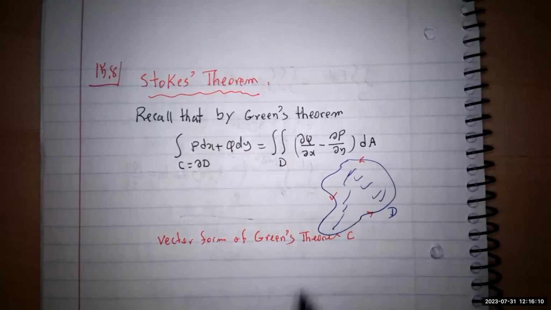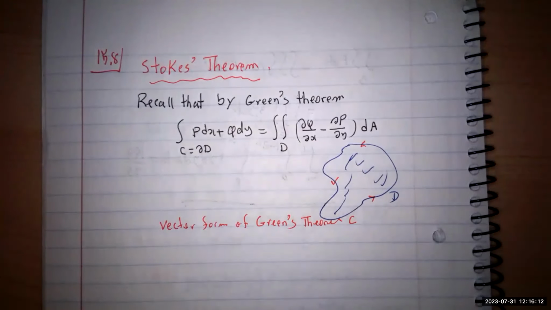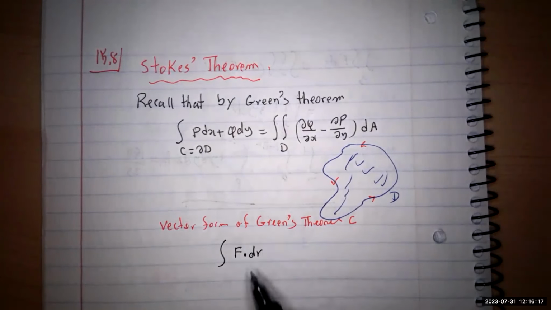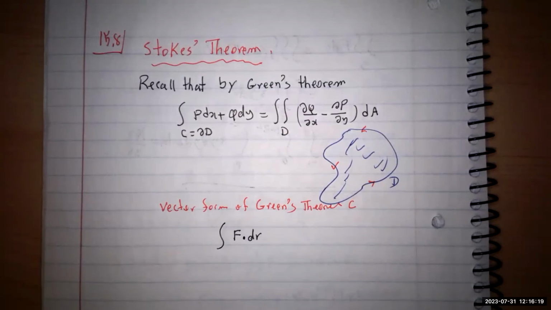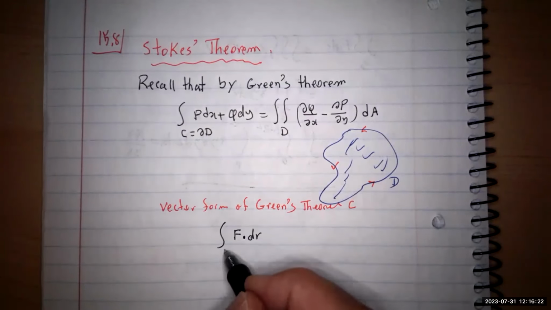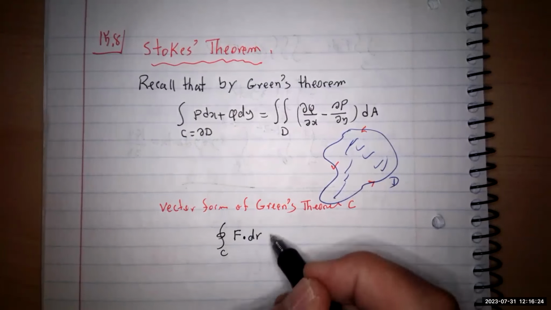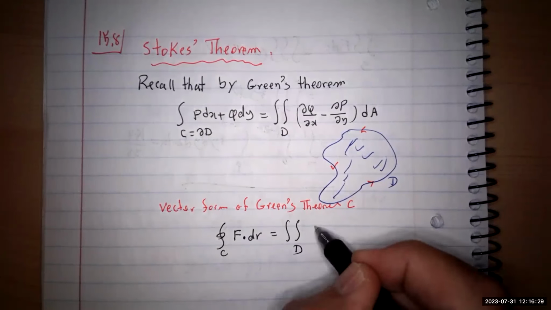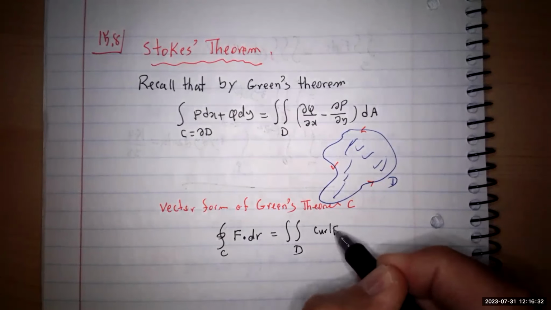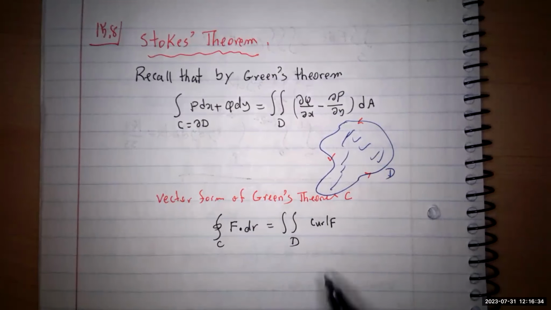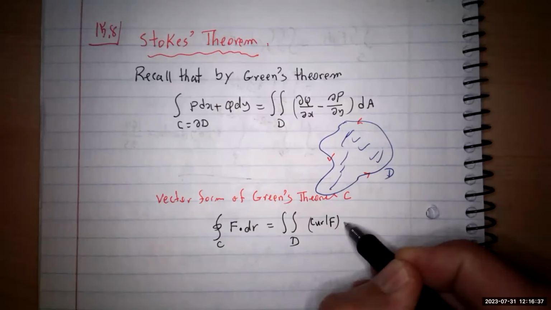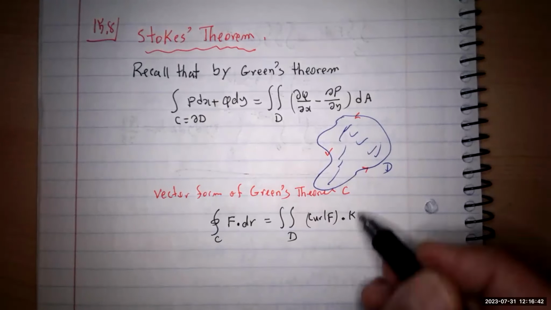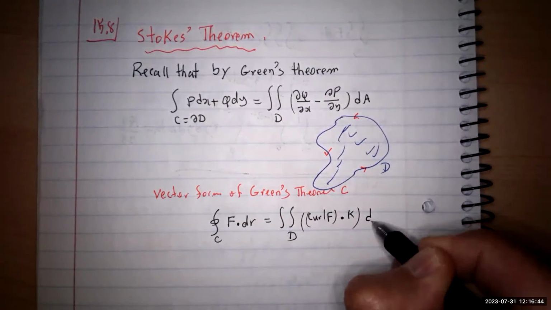Okay, we did a little bit of algebra, and we got this vector form: if you have a field F dot dr, of course the field was two-dimensional, on the closed curve C, this integral would be the same as the double integral on the domain D of the curl of F dot the unit vector k dA.